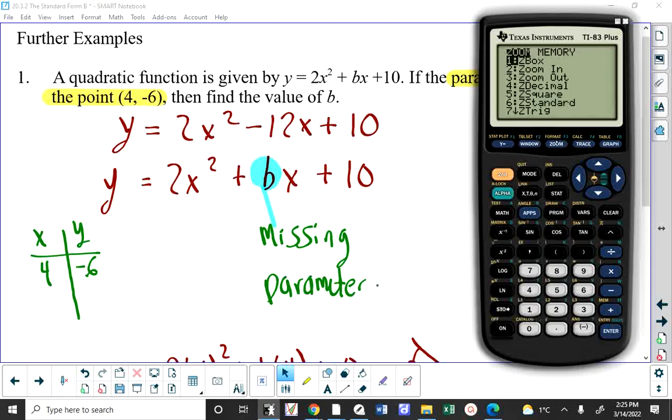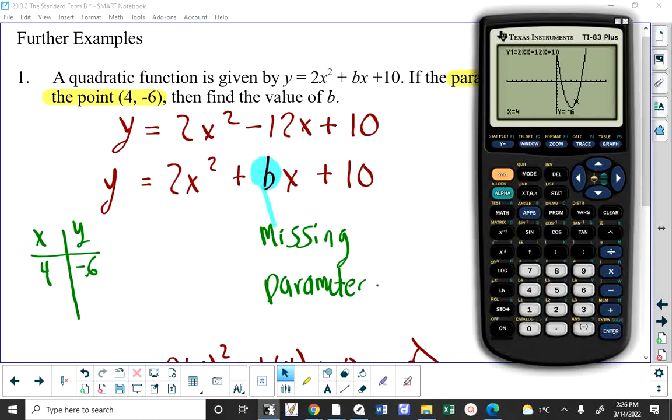I'll go zoom standard because 4 comma negative 6 is in that domain and range of negative 10 to 10, negative 10 to 10 for x and y. I can go trace and enter the x coordinate of 4. I can see the y coordinate is negative 6. I could go to my table, check it out there as well. It's a pretty basic question.